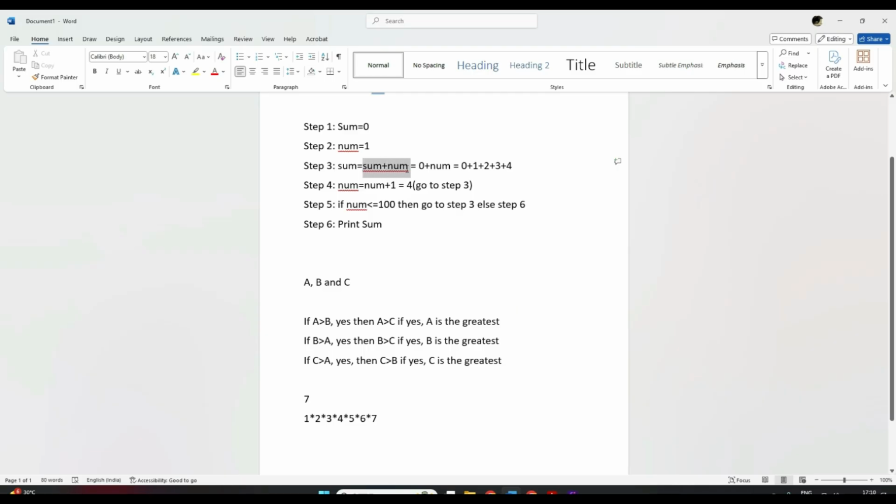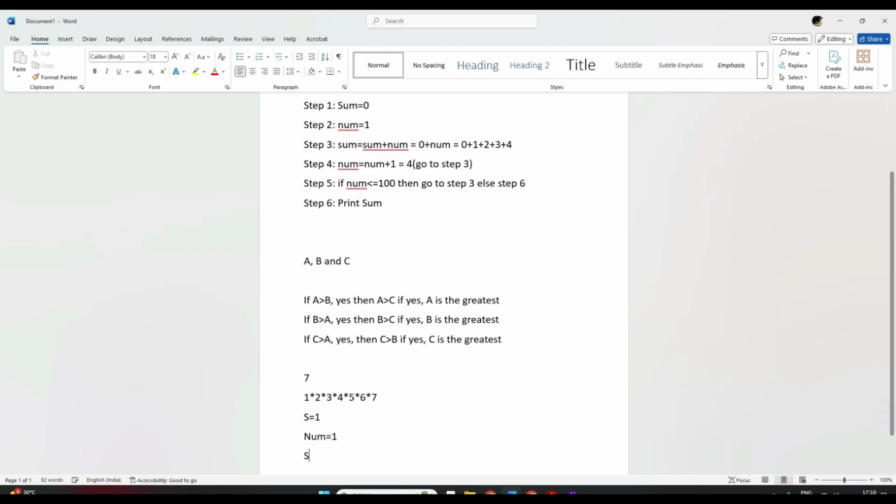Because 0 into anything will always come 0, right? So here my variable s will be equal to 1. Okay. And again, I'll take num to generate my number from 1 till that number, right? Now here my s is equal to s into num.